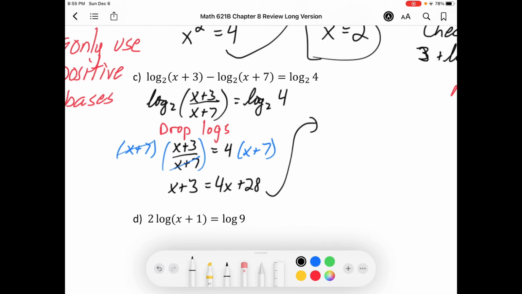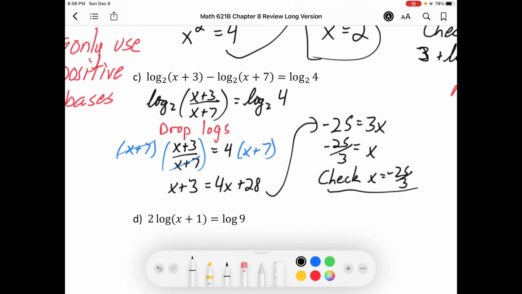I go around and I rewrite this. I'm going to move my numbers to the left side. So I'll have negative 25 and then 3x here. Or x is negative 25 over 3. At that point, I do need to go and check. So check x equals negative 25 over 3. So when I put it in, I'll have log base 2 of negative 25 over 3 plus 3.